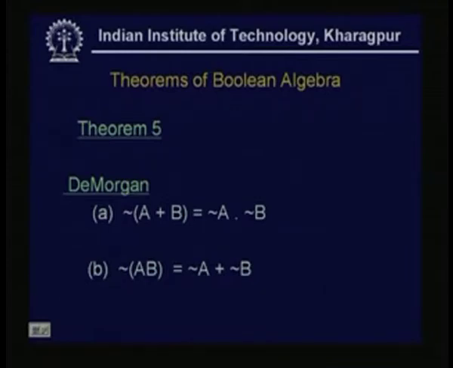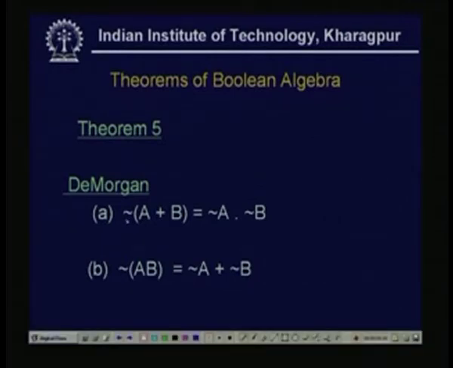So, if we are taking negation of A plus B, the two variables, then this is same as negation A dot negation B. Here the operator was plus. So, first this plus is replaced by this dot, and A is replaced by negation A and B is replaced by negation B.